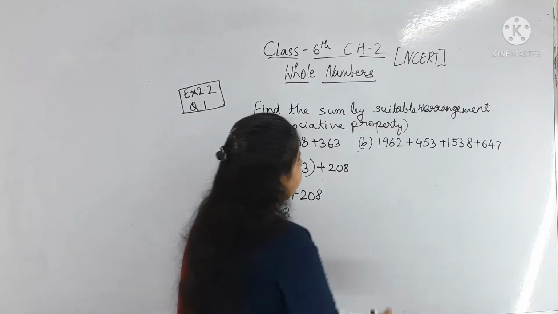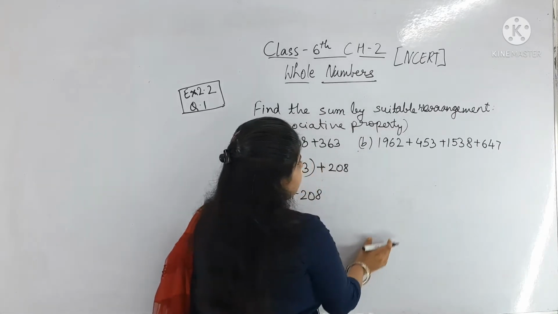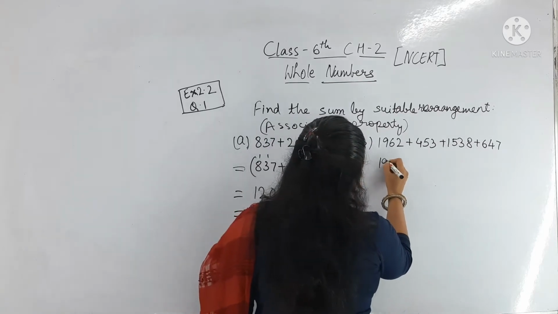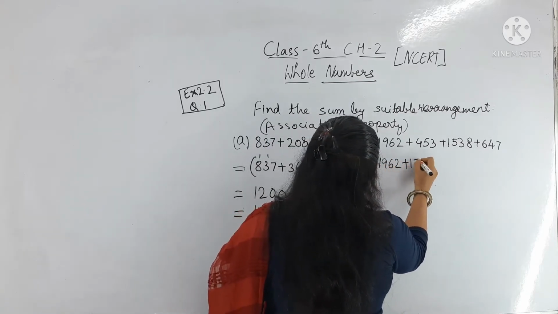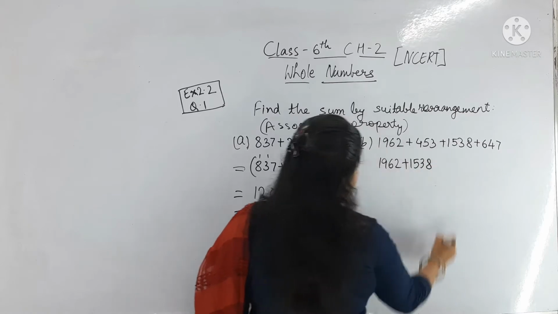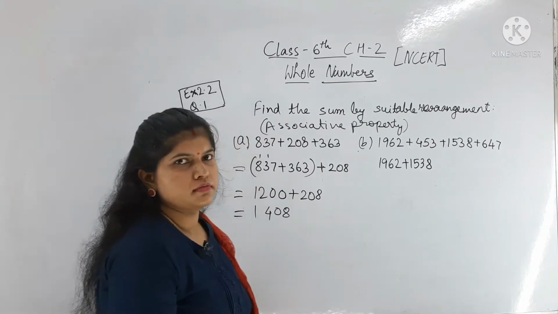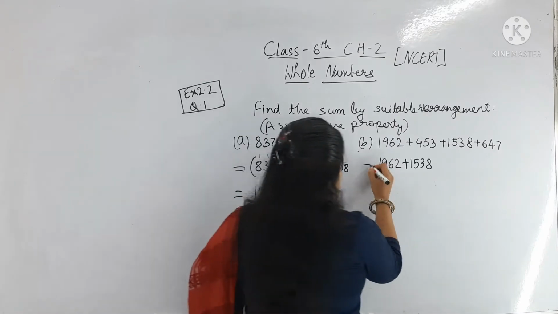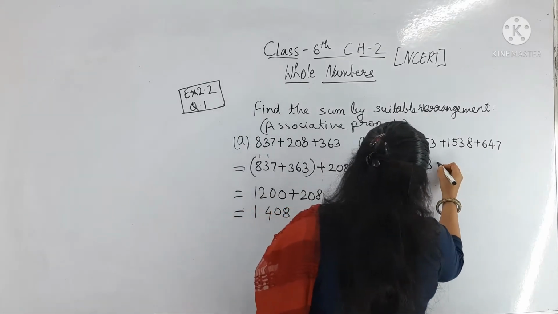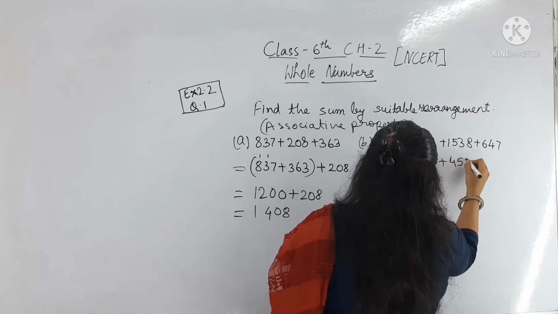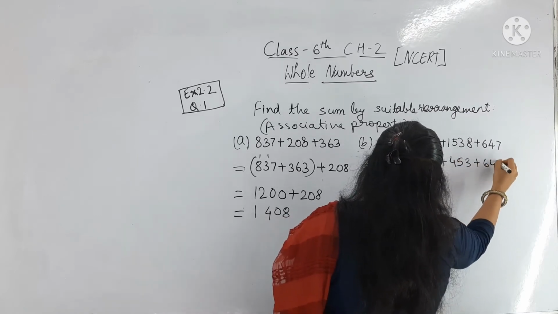Now in the B part you can see I can sum this and this one. So 1962 plus 1538, 1962 plus 1538 plus 453 plus 647.